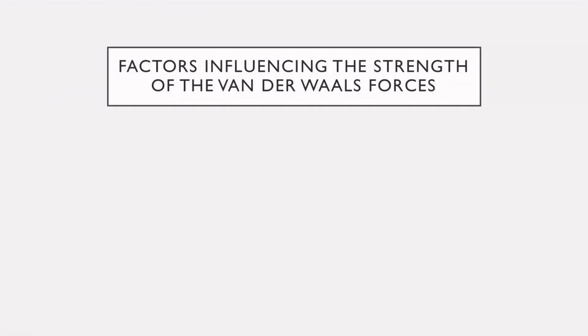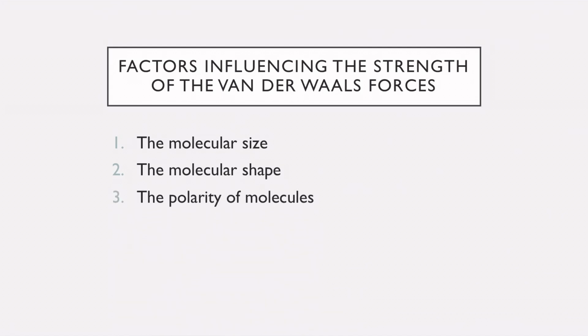So next, we're going to look at the factors affecting the strength of the van der Waals forces. So, you will have 3. Molecular size, molecular shape, and polarity of molecules. Okay? These will influence the strength, kekuatan van der Waals forces awak.